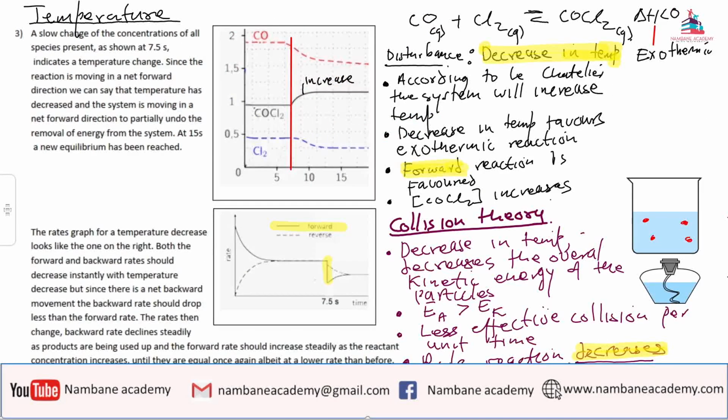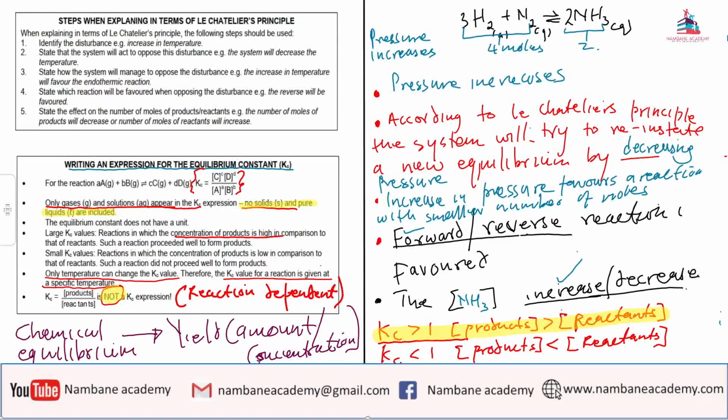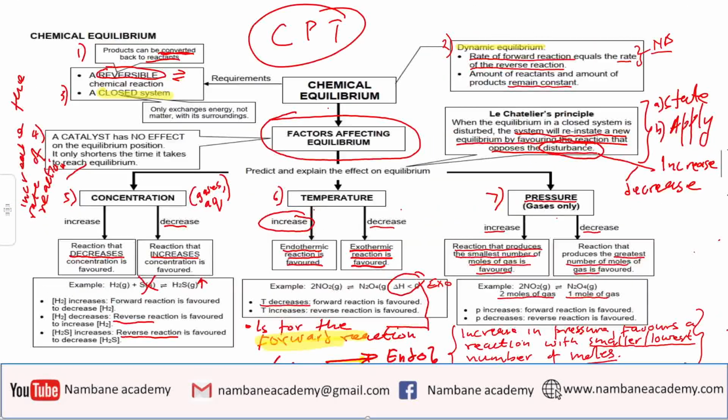We agreed that increase in pressure favors a reaction with the smallest number of moles, and decrease in pressure favors a reaction with the greater number of moles.